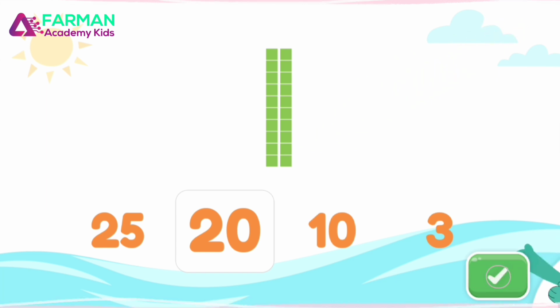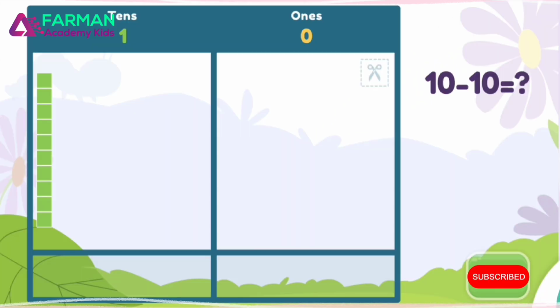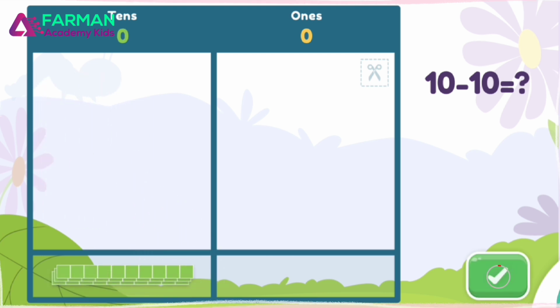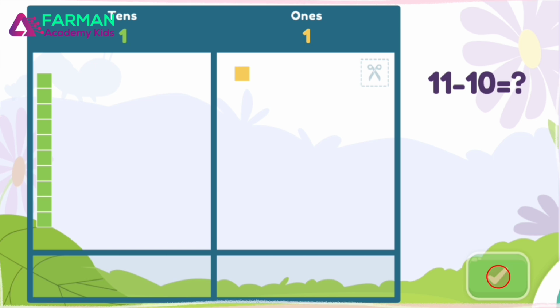There are 20. There is 10. In the frame, remove 1 rod to take away 10. Yay! There is nothing left. 10 minus 10 equals 0.